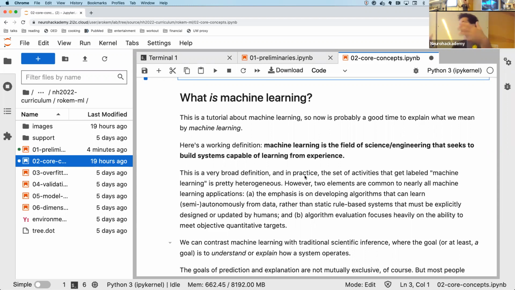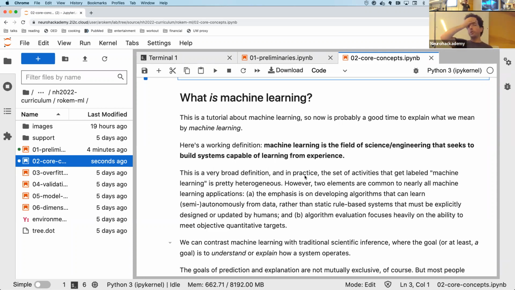The idea is we observe some data from the world and we build a system based on these observations of the data, rather than from our a priori knowledge of something about the data, where we write certain rules down and then we give it some data and we ask it to apply those rules. We ask it to learn the rules. And then the other thing is that a lot of machine learning is focused on evaluation of those systems based on meeting some kind of objective quantitative targets.